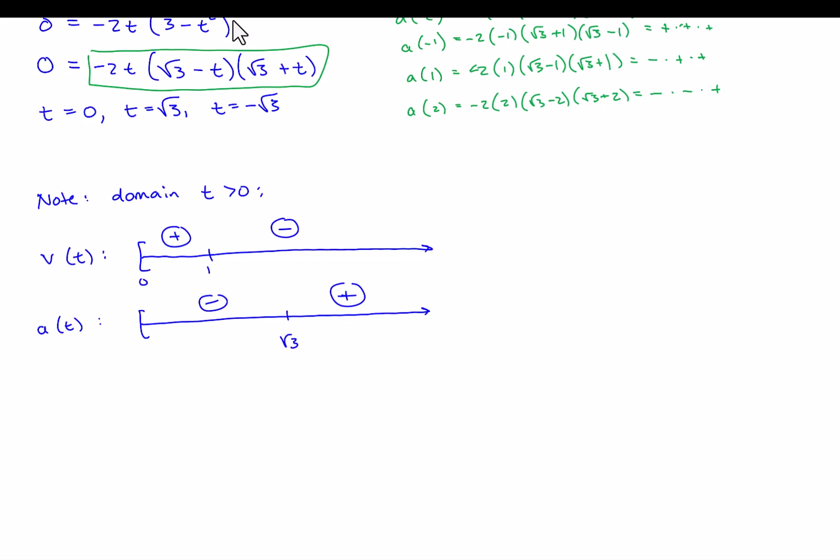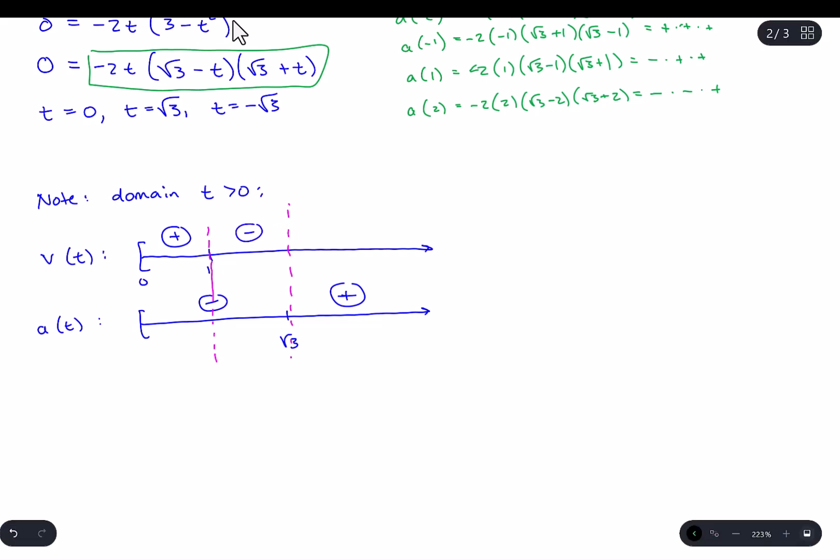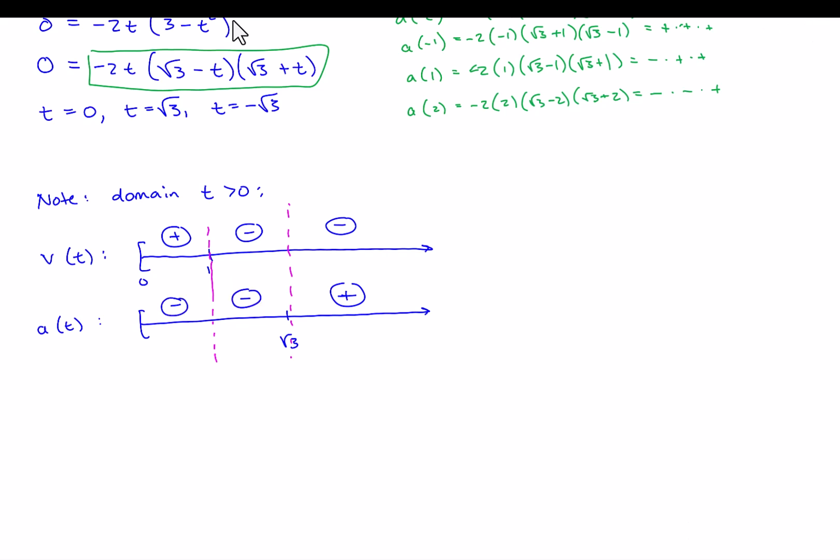Okay, and tell you what, I'm going to split this up into multiple intervals here. So I'm going to make this its own interval, and I'm going to make this its own interval. Okay, so it would be negative on both of those intervals there for the velocity, and both intervals here would be negative for acceleration. This way I can just kind of see what's happening.